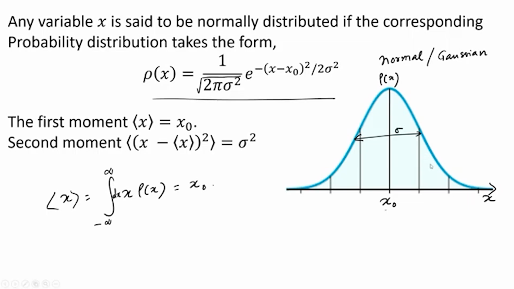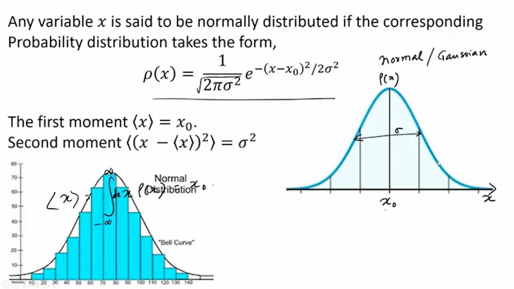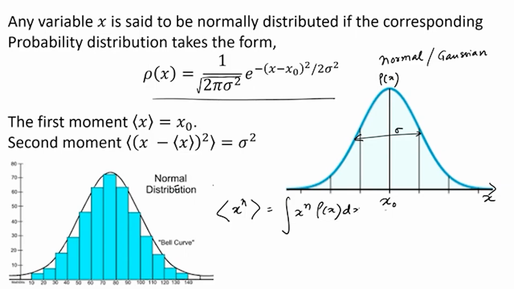So, if you look at this distribution, let me move this somewhere else. The nth moment of the distribution is written as integral of x to the n rho x dx from minus infinity to plus infinity.